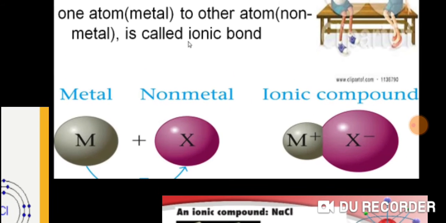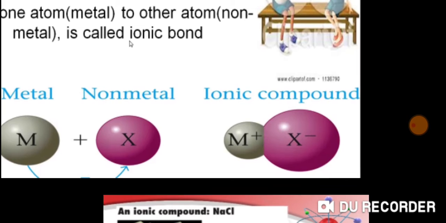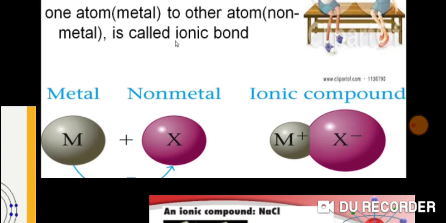For an example, if the first atom is a metal and the second atom is a non-metal, they will combine in a form that the metal atom, having a positively charged ion, requires one electron for its bonding, and the non-metal, having a negative charge, has an extra electron that it can share with the metal part. So both of the atoms combine while sharing an electron and bond together. This is known as ionic bonding or an ionic compound.